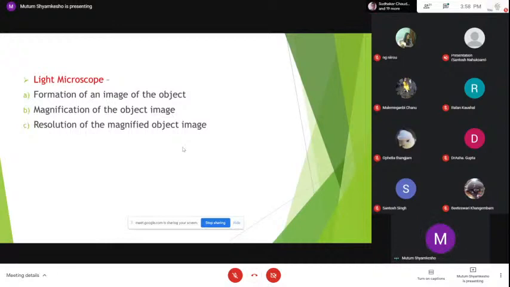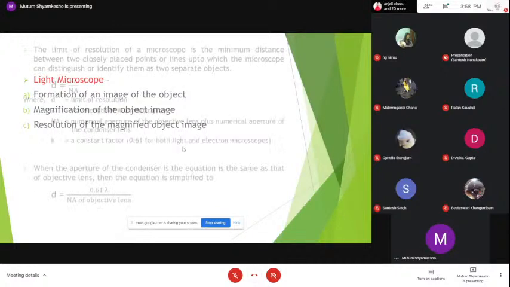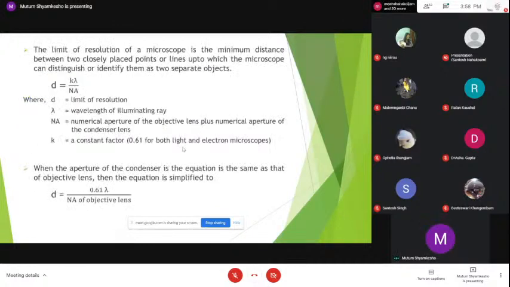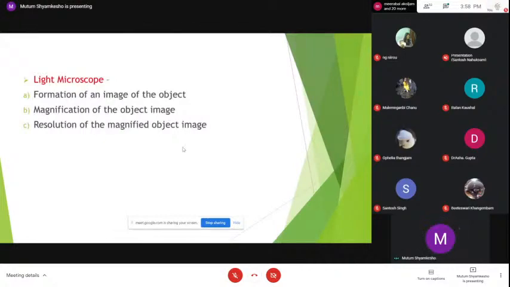And at this point, here comes the concept of the limit of resolution of a microscope. In case of this, formation of an image of an object by a microscope can be explained either by geometrical optics or physical optics.